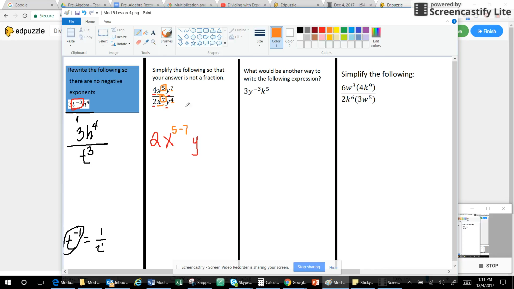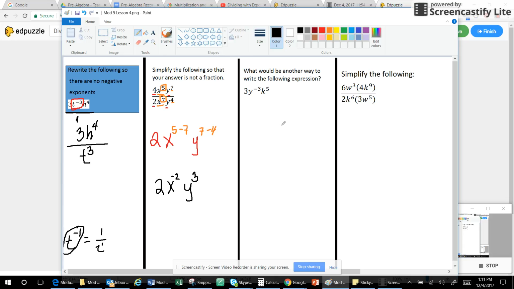Remember, it's always top minus bottom. So 7 minus 4. And here we would just simplify. We would have 2. 5 minus 7 is negative 2, so x to the negative 2, and then y to the third. And there is that expression simplified so that it is not a fraction.